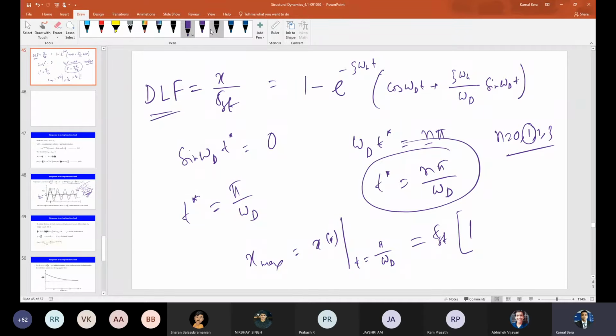So 1 will be there, then something will be there, so minus e to the power minus zeta omega n by omega d, pi. Yes.